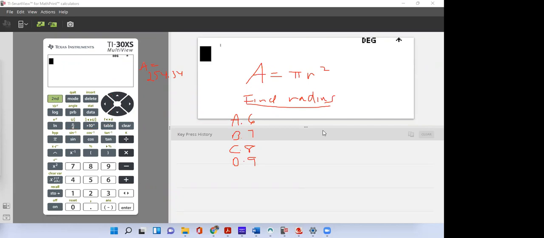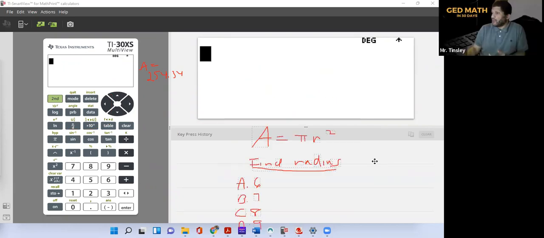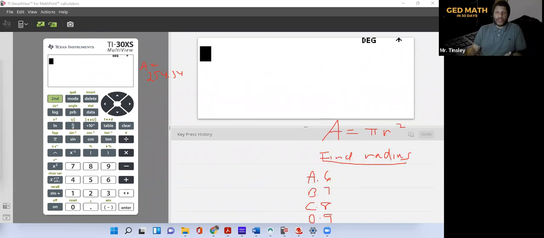Pi, right? So what Darlene said was, why don't we just plug each one of them in? What she meant by that is you just say area equals pi r squared. So we know what the area is. It's 254. So pi, the first answer is 6 squared.